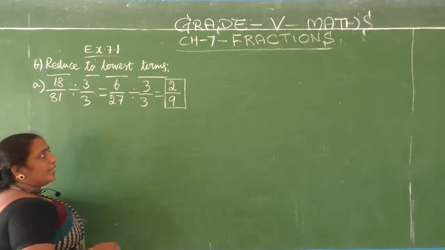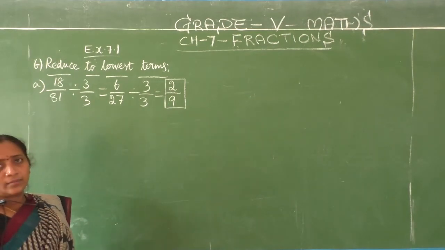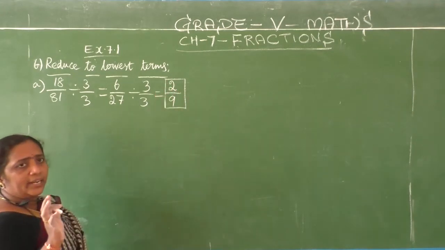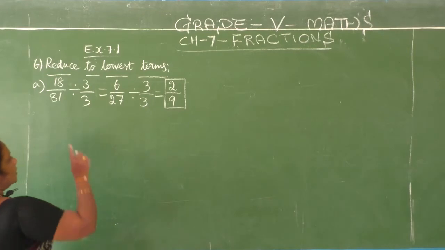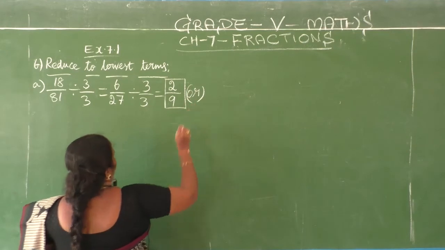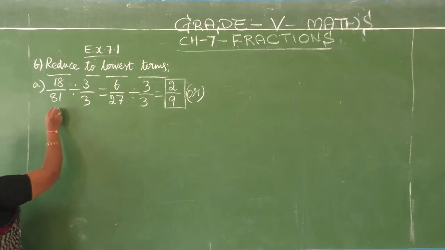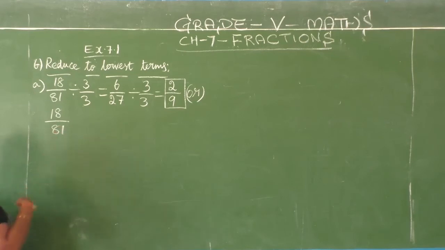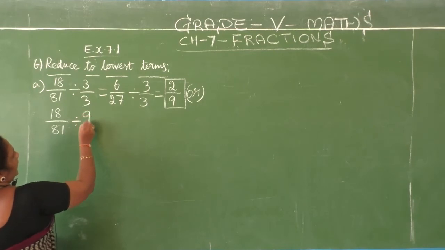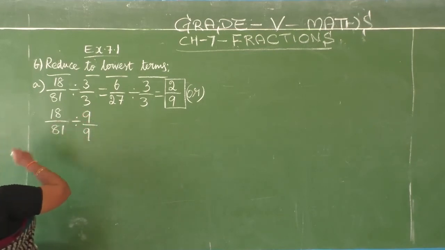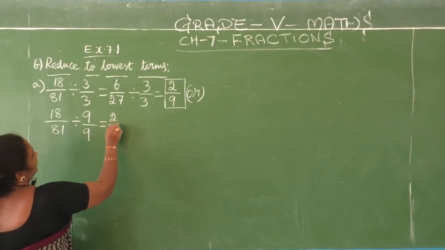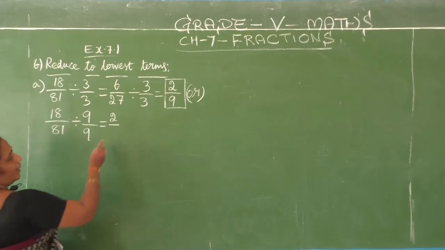Hereafter we cannot reduce the fraction because there is no common factor for 2 and 9; 2 is an even number. Or otherwise we can reduce the same fraction 18 by 81 by the next common factor, which I told you before, 9. 9 by 9: how many 9s are there in 18? 2 9s are 18, so 2, and 9 9s are 81.